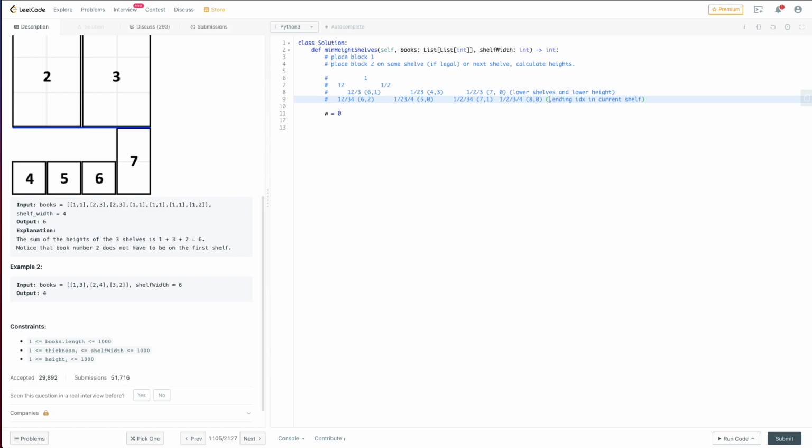And the first thing would be like total height.